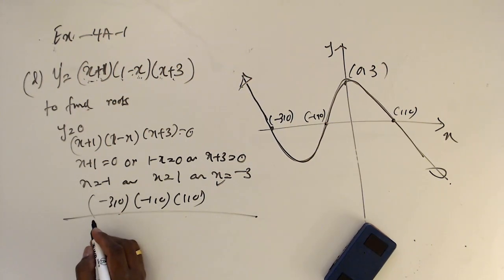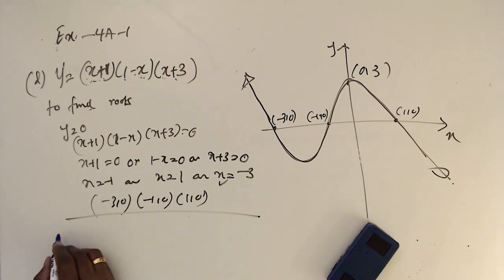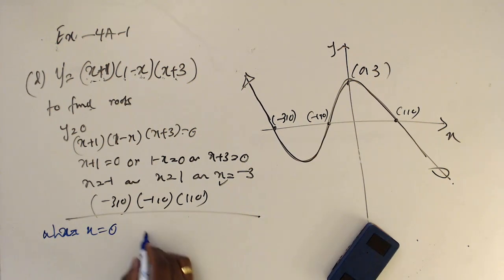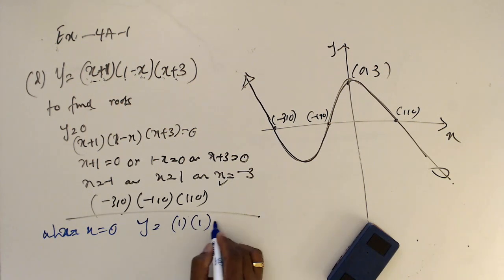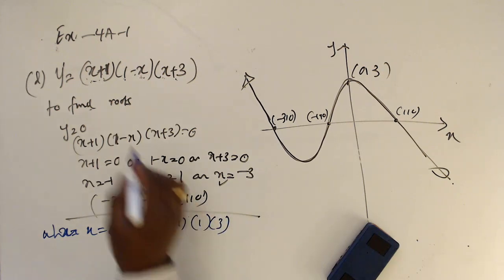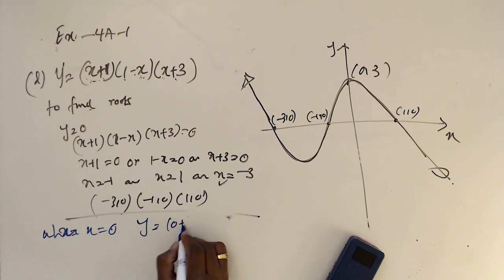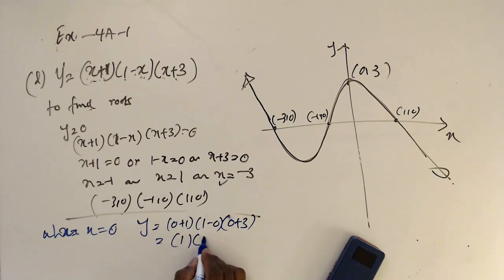Then when x equals 0, y equals 1 times 1 times 3. 0 plus 1, 1 minus 0, and 0 plus 3. 1 times 1 times 3 is 3.